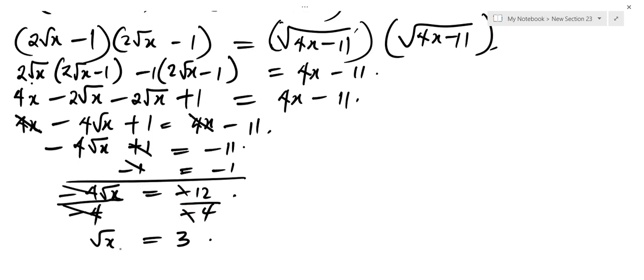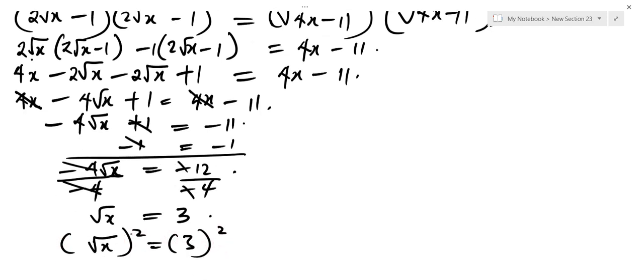So now we square both sides. If you square both sides, you have x is equal to 9. Let me just explain instead of writing the answers. If you square both sides, you have square root of x all squared is equal to 3 all squared.